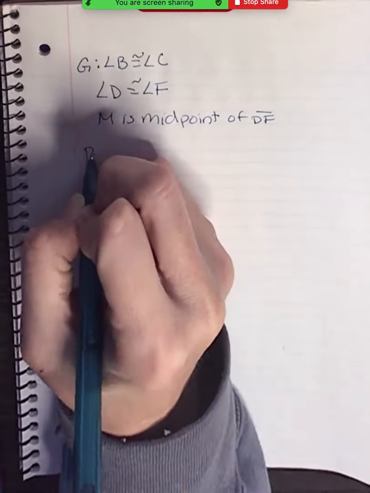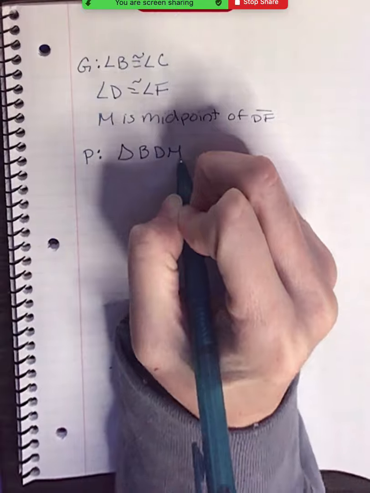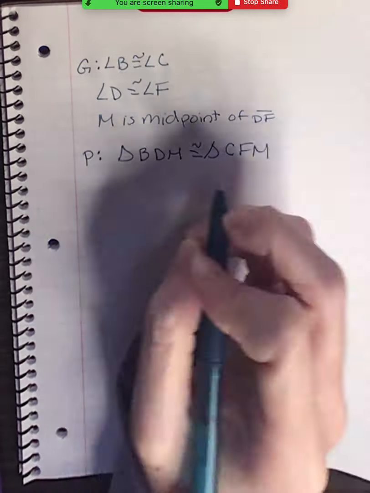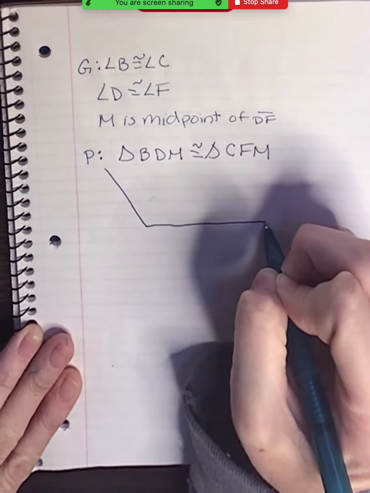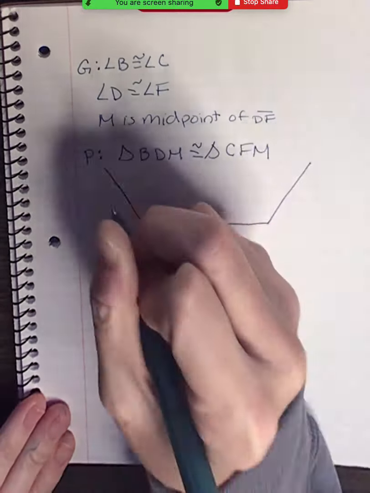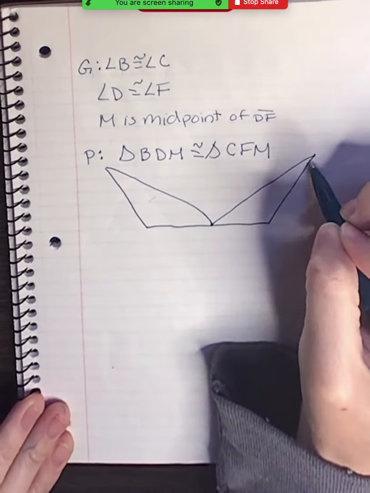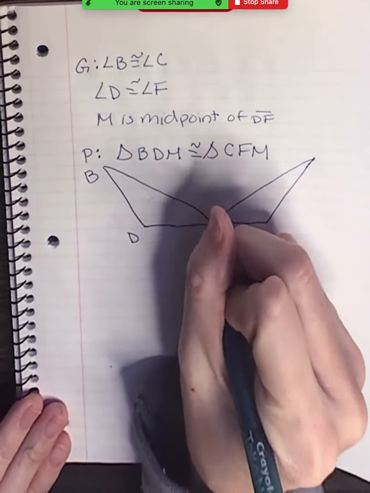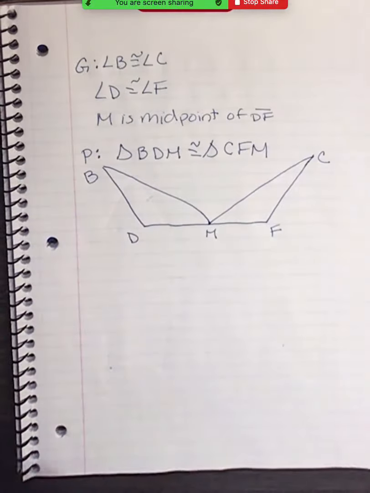We're going to prove triangle BDM is congruent to triangle CFM. Pretend these are straight lines. So here is D, here is B, and M, F, and C.